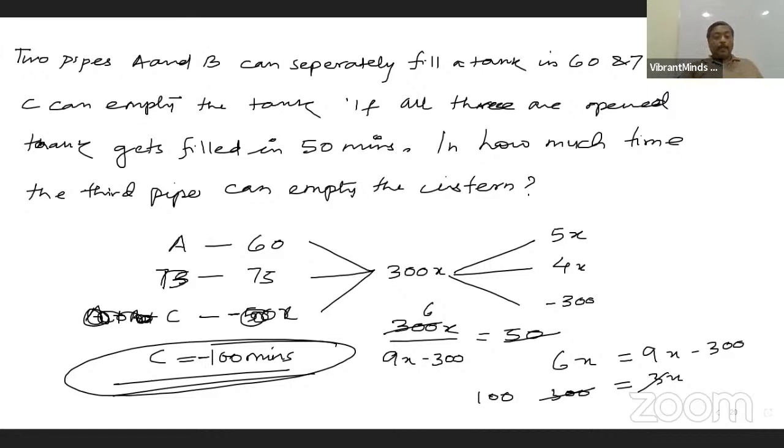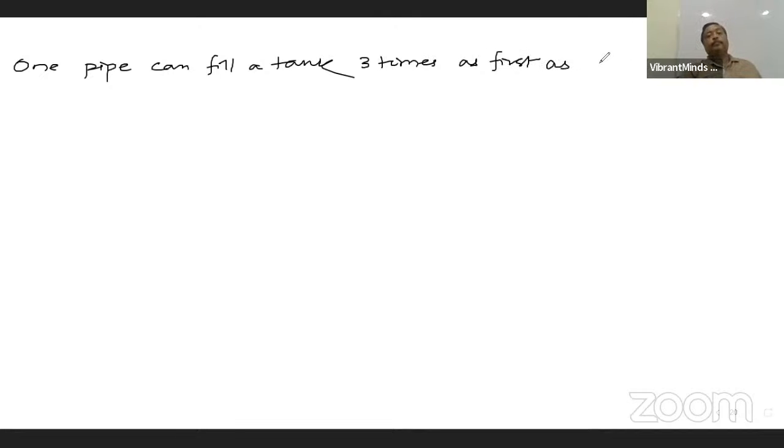Okay. Let's get to the last question. Now, see, one pipe can fill a tank 3 times as fast as another pipe.